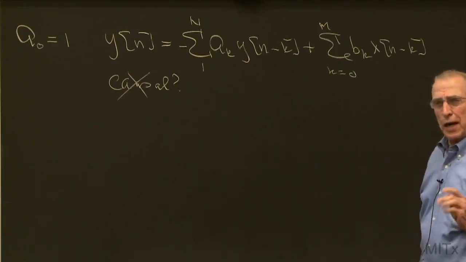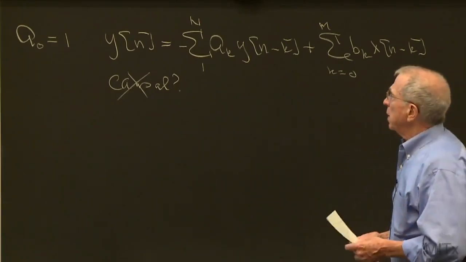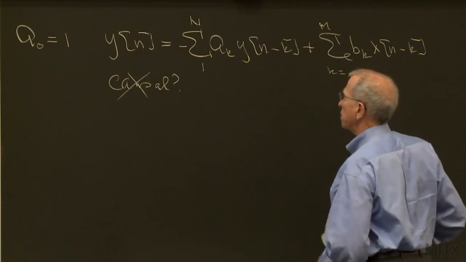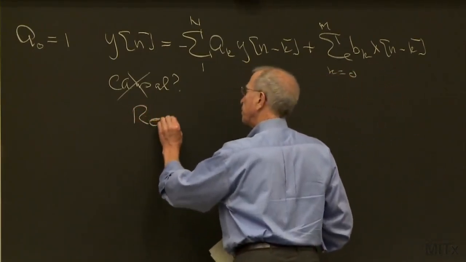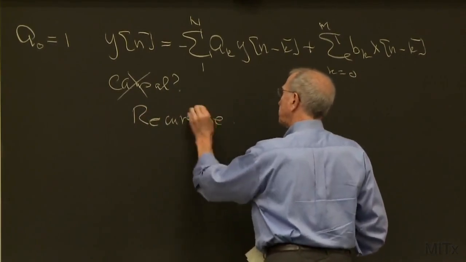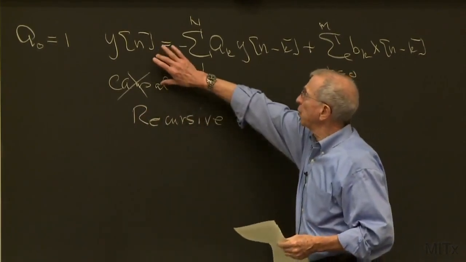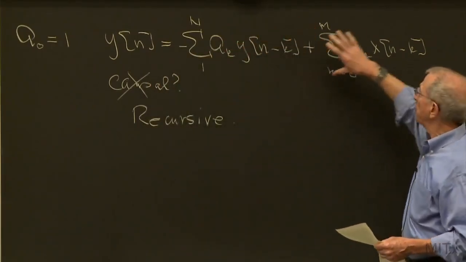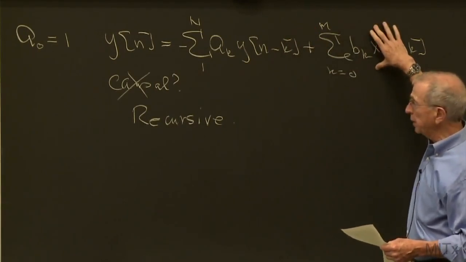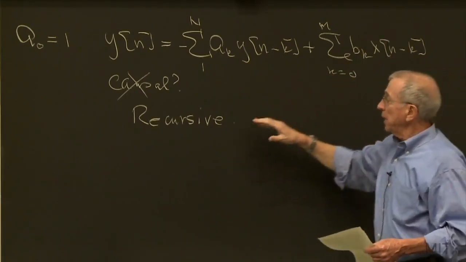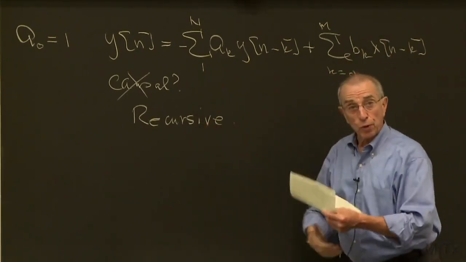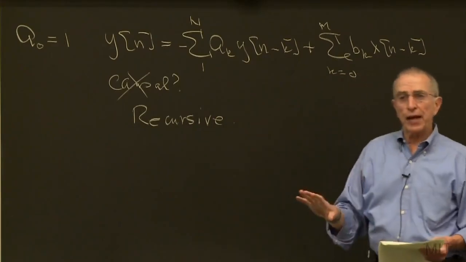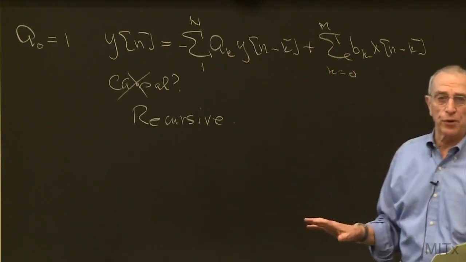So that's another thing to get straightened out. Just because I wrote it in a form like this, which is called recursive, meaning I've written it where current values are generated from past values of the output and current and past values of the input, that means I'm running it in a certain way, recursively, but it doesn't mean that it's a causal system. You want to have that clearly straightened out in your mind.